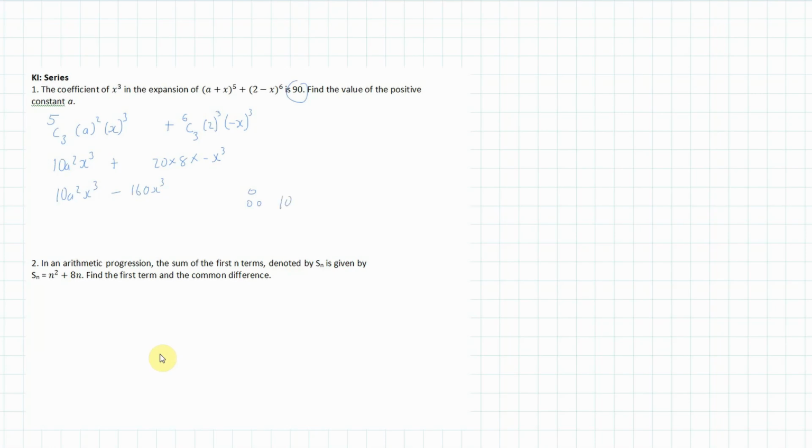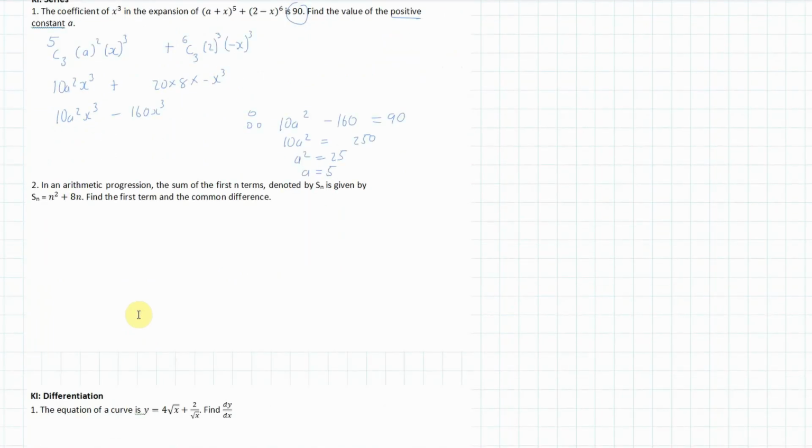Therefore, 10a squared minus 160 equals 90. So 10a squared equals 90 plus 160, which is 250, and so a squared equals 25. So a equals plus or minus 5, but it says here it's a positive constant. So 5 is our final answer for that one.